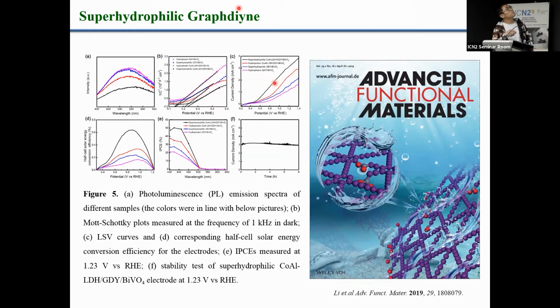We can see this black line is the superhydrophilic graphene-coated bismuth vanadate with the assembled LDH. You can see its activity is much higher than the hydrophobic one. So that means the superhydrophilic graphene can be used not only in electrocatalysis, but also in PEC itself.